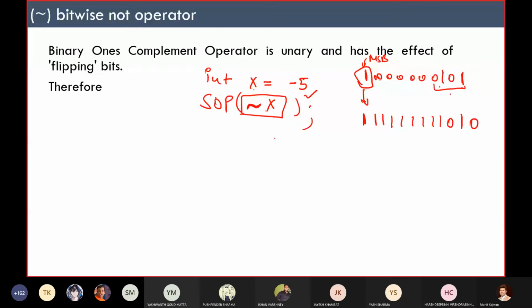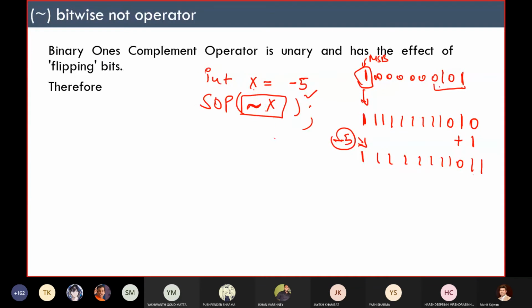Then I will add 1 over there. So this is the two's complement representation of -5. This is how -5 is represented in the Java programming language.